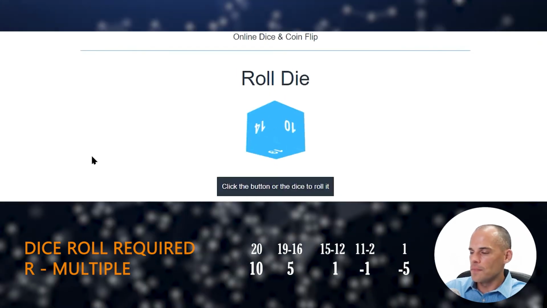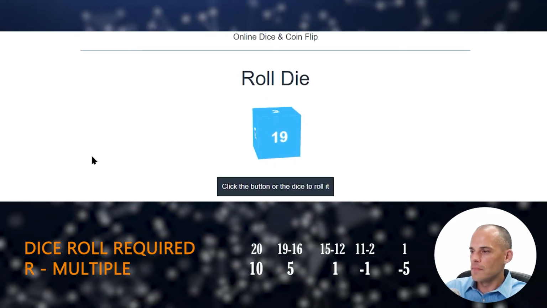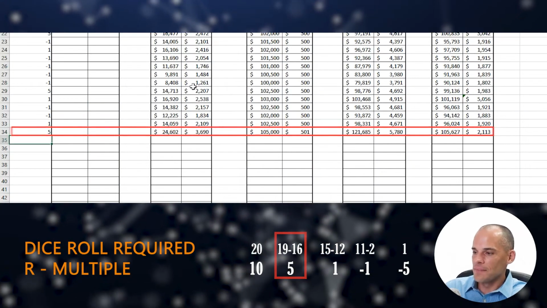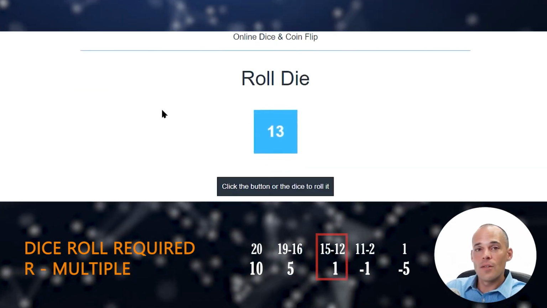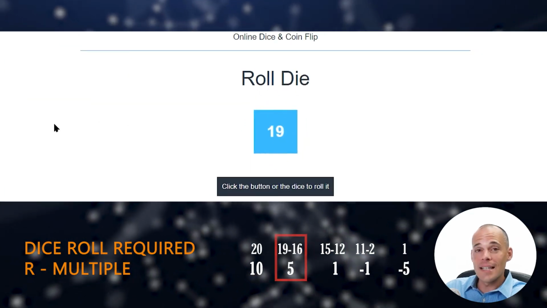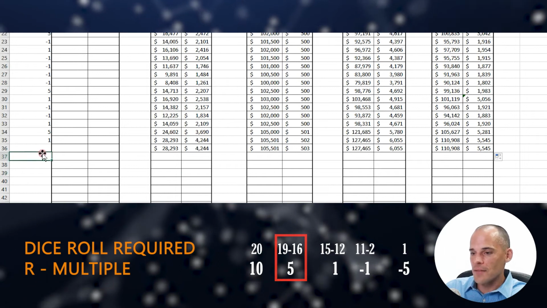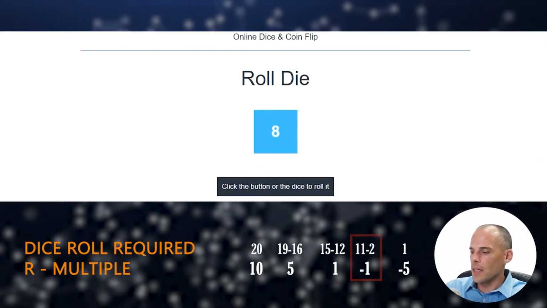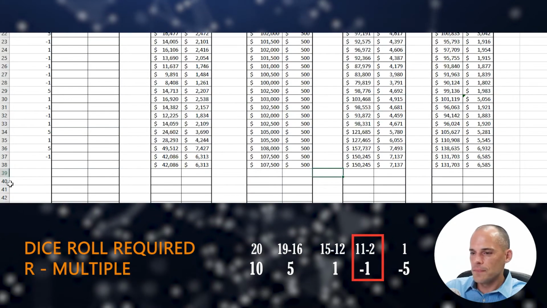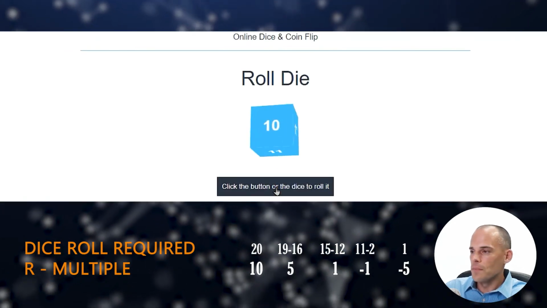Next roll. 19. That is a +5. 13, which is a +1. 19 again, that gives us a +5. 8, -1. 10, -1. Next roll.